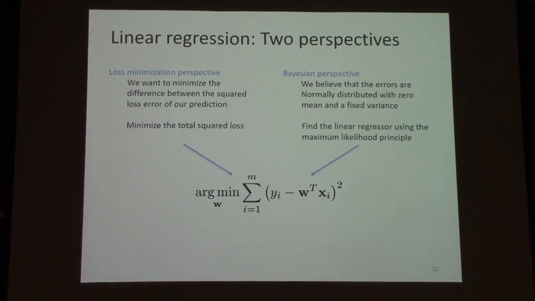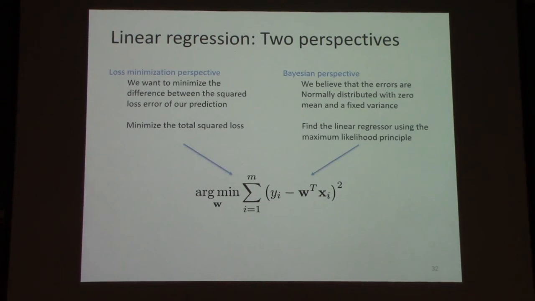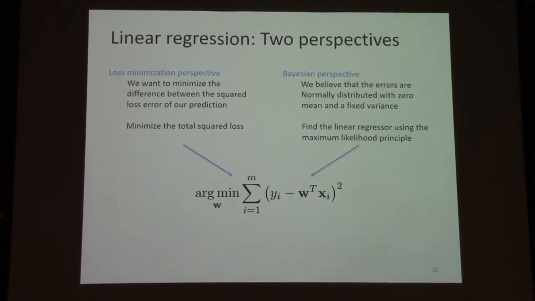The loss is just some quantity that's a penalty that's paid for misclassification or misprediction. In this case, the loss is the square loss, the difference between y and the prediction, squared. The way I introduced linear regression in the earlier part of the semester was to say it is a loss minimization problem.